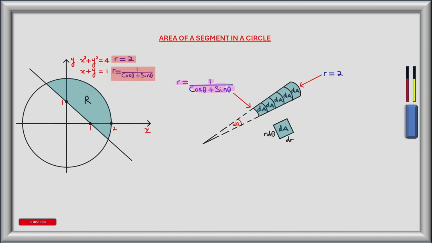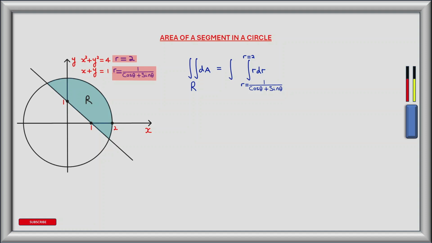And we end at the point where r reaches the circle. So that's at r equals 2. We can now define our inner integral. We're integrating r dr and our lower limit is r equals 1 divided by cos theta plus sin theta. So that's the line that cuts the circle. And our upper limit is r equals 2, so where it meets the circle.